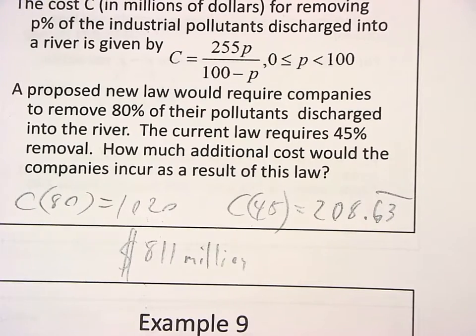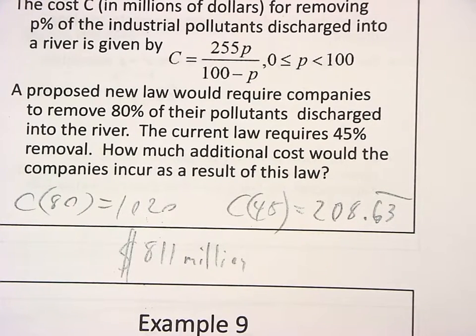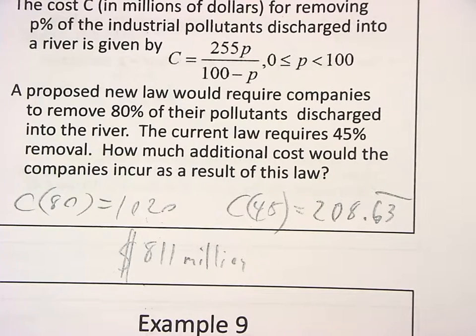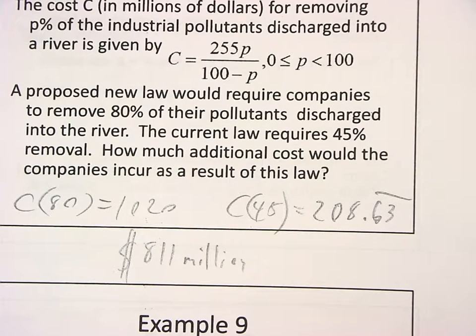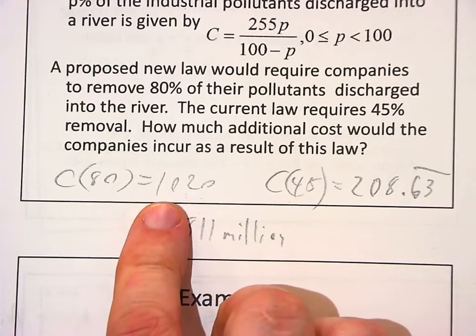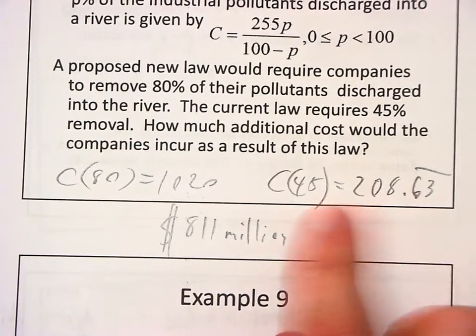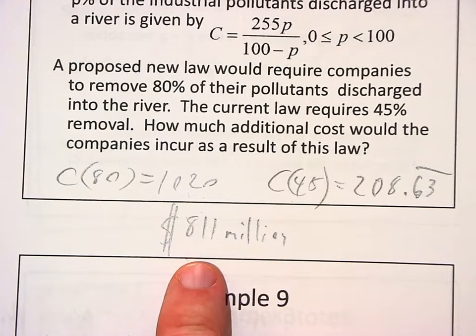But what about from 80 to 90? What did you get when you put in 90? Yeah, 2,000. So from that next 10%, so the idea here, this 35% costs an extra $811 million.